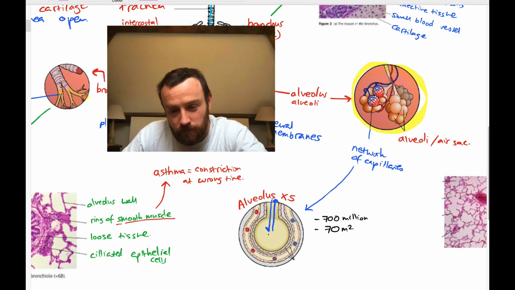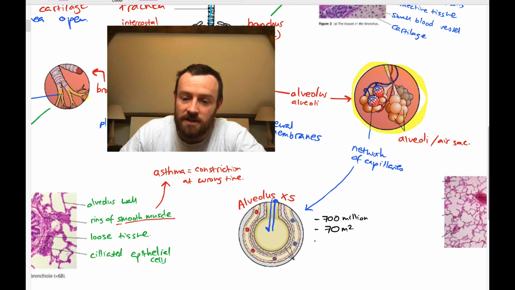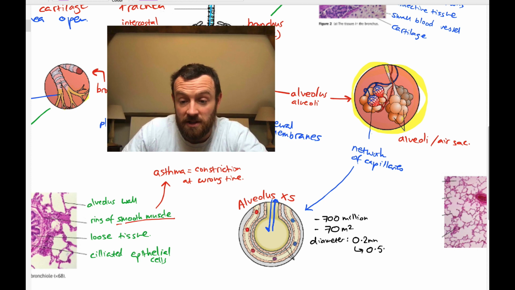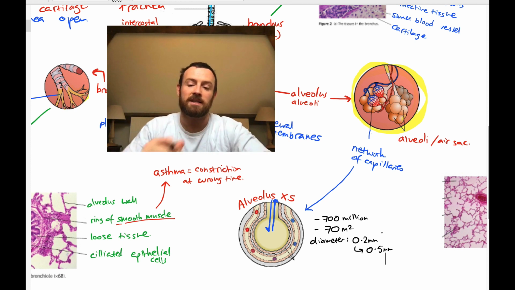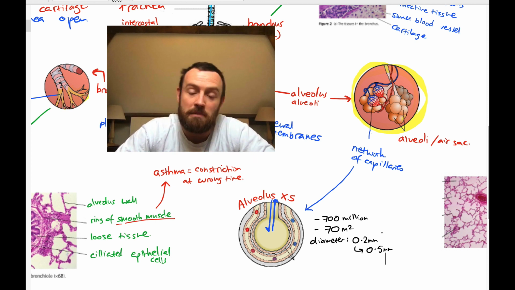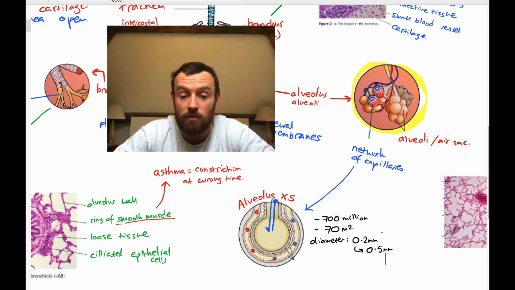Typically, the diameter of the alveolus ranges from about 0.2 millimeters to 0.5 millimeters. That's 0.2 when deflated and 0.5 millimeters when inflated. Remember, 0.2 millimeters is also 200 microns, and 0.5 is 500 microns.